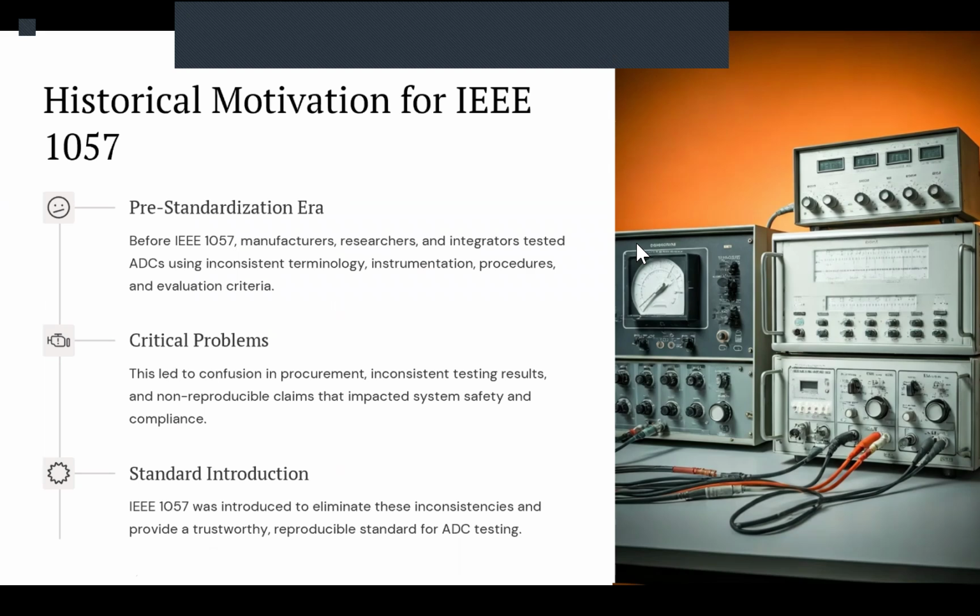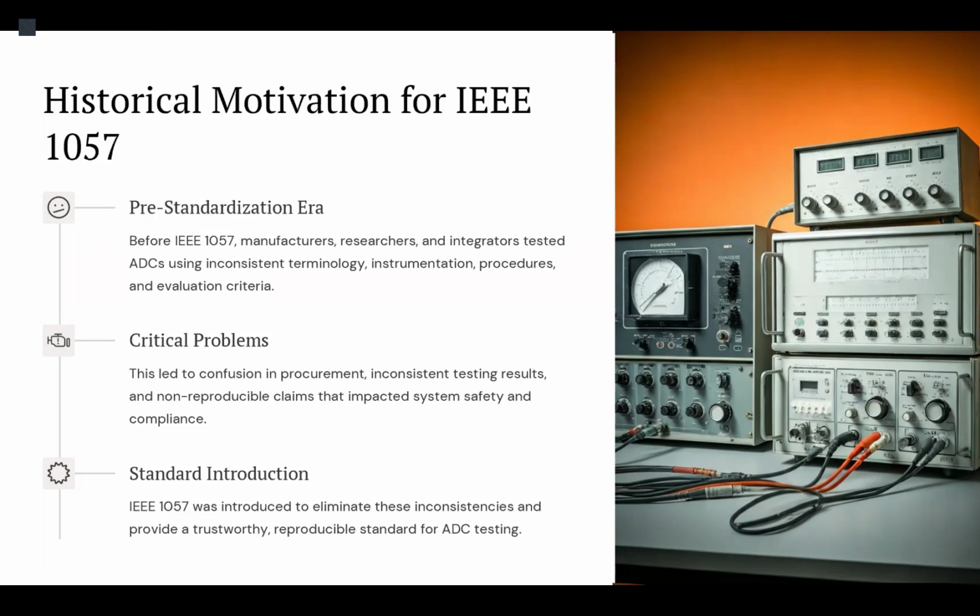Now, let's talk about the history and legal motivation. Why did the industry get motivated to develop such a standard? As we said before, before IEEE 1057, each vendor had their own testing setup and definition, so it made unverified performance claims.